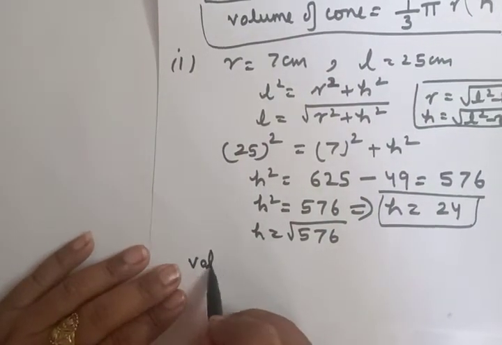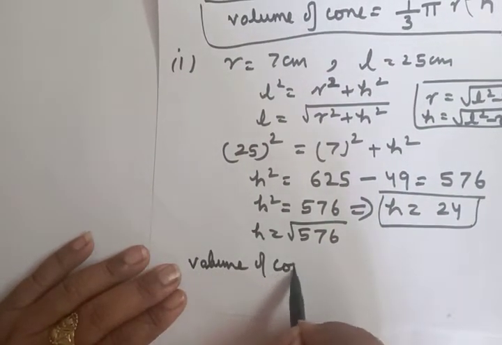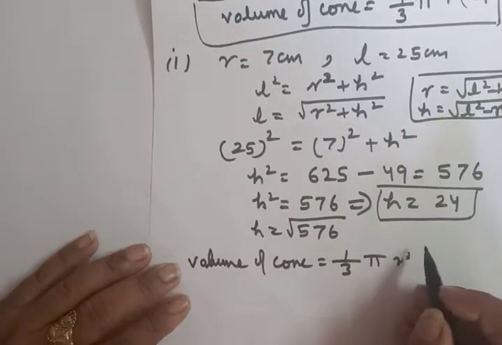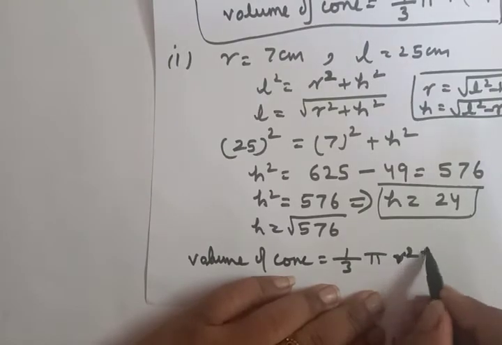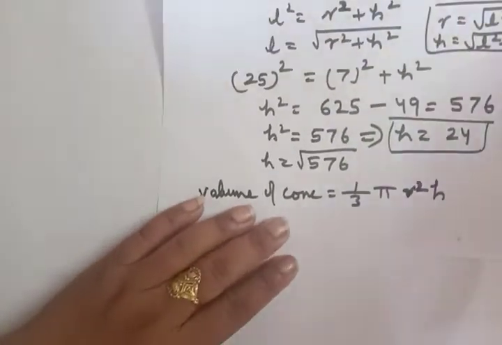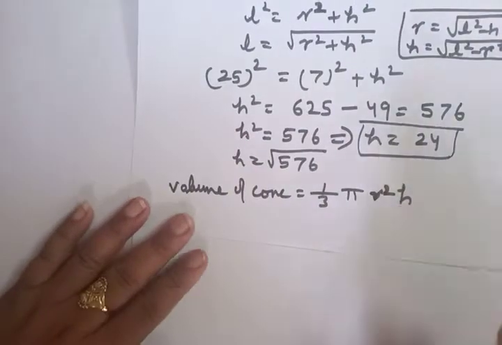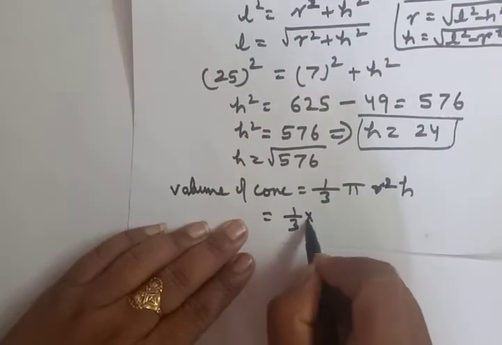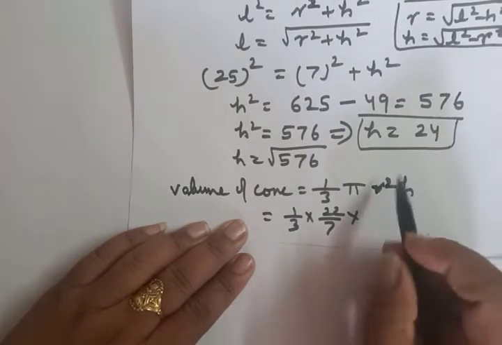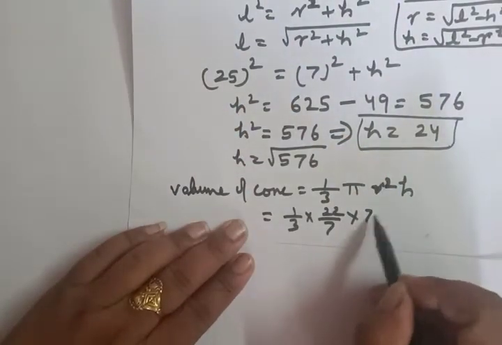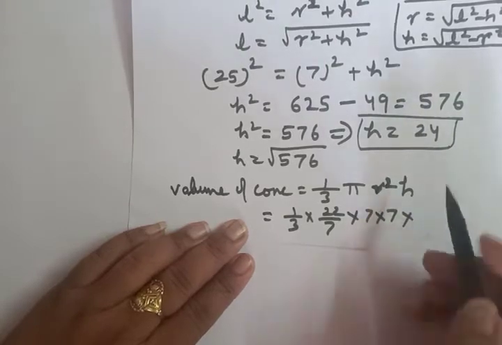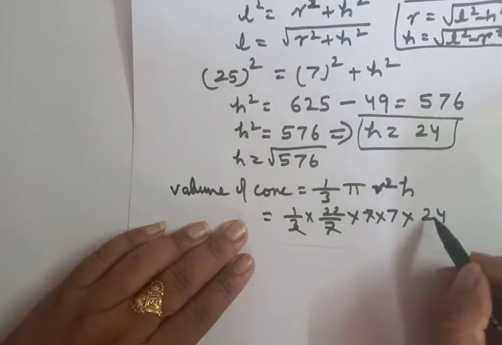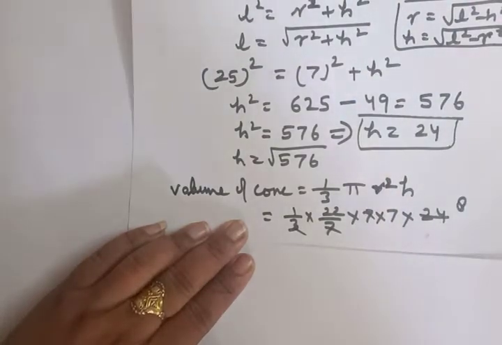So volume of cone is equal to 1 by 3 pi r square h. We need to put the values here. So that will be equal to 1 by 3, 22 upon 7, R is given to us, 7 into 7, into H, that we have found, 24. 7 sevens cancel out, 8 threes are 24.